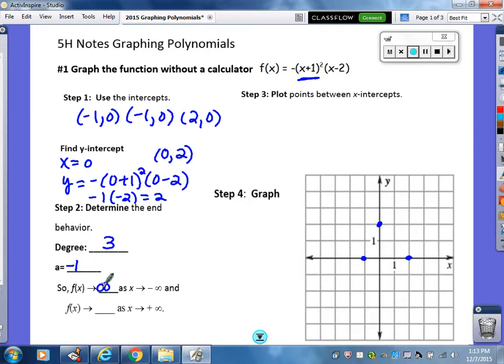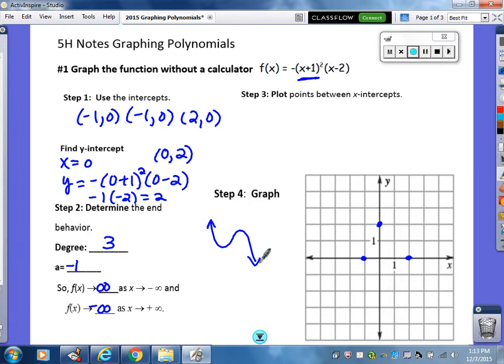And as x approaches positive infinity, y is going to approach negative infinity. That means it's going to be going up on this side of the graph and down on this side. We'll put some points in there to help us, but we know it's going to essentially look like this. That's going to be our end behavior.